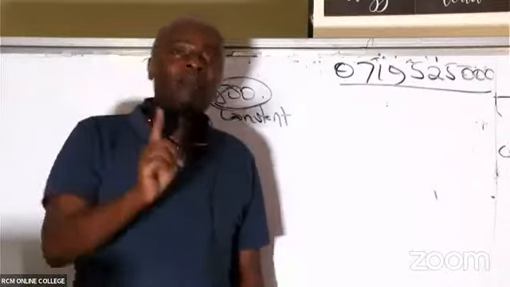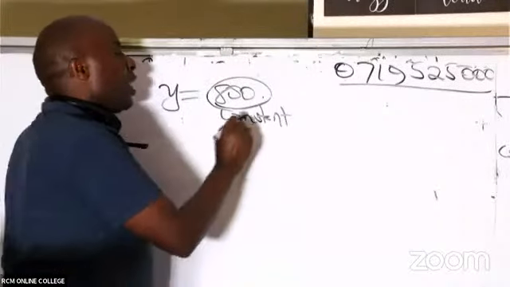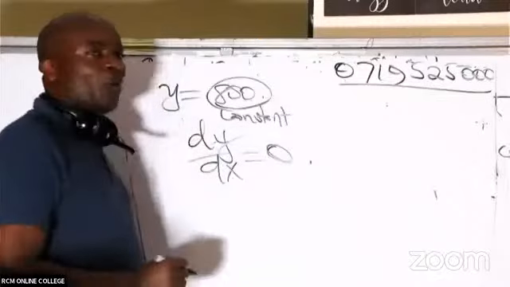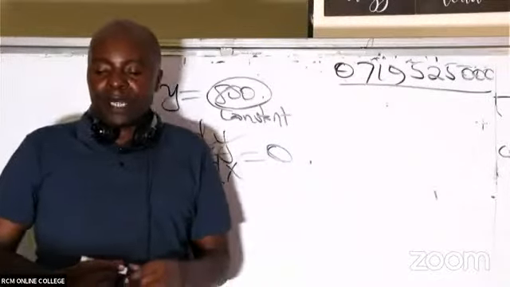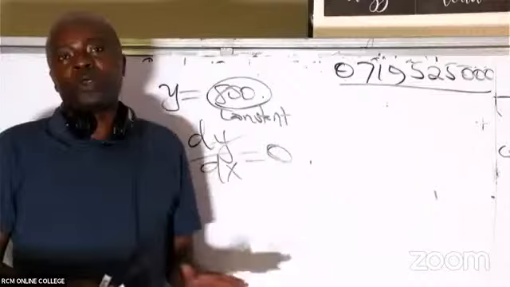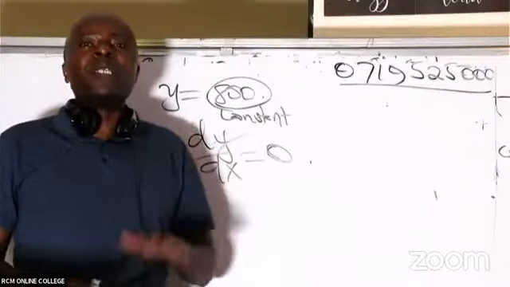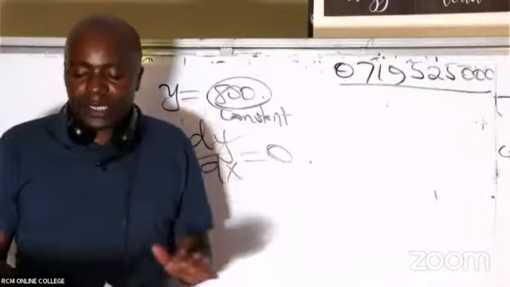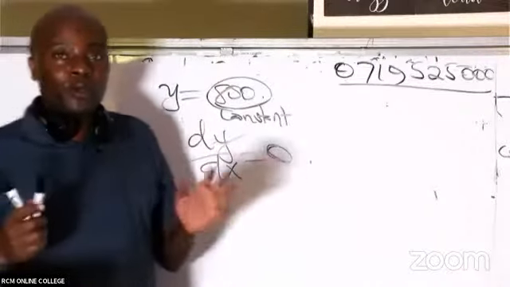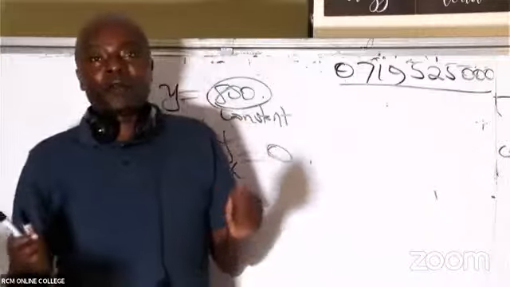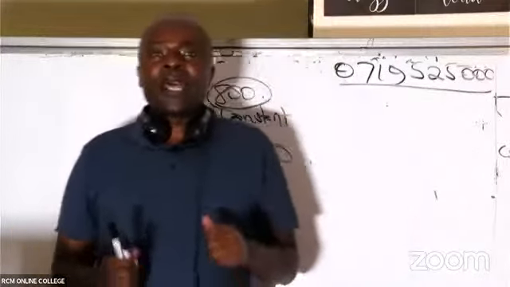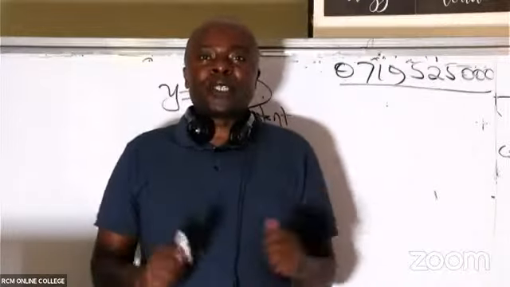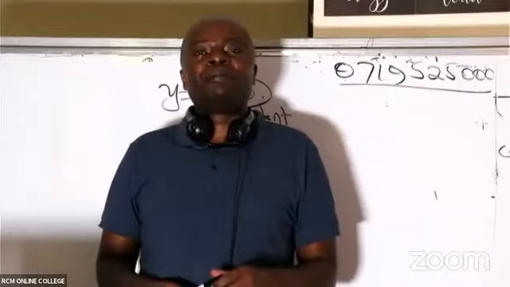Whenever constants are differentiated, dy dx, they always disappear. Where they go to, whether they're going to hell or heaven, is none of my business. What I'm supposed to know is that a constant will always disappear.